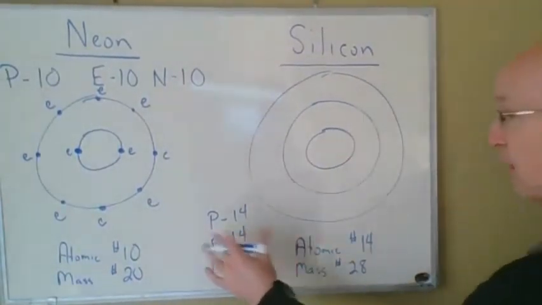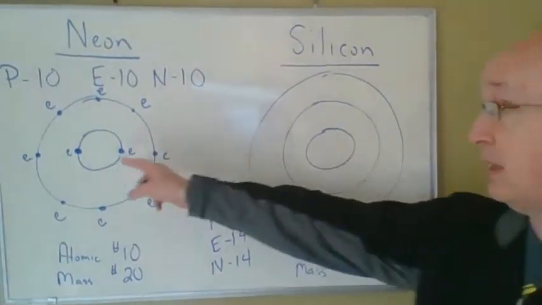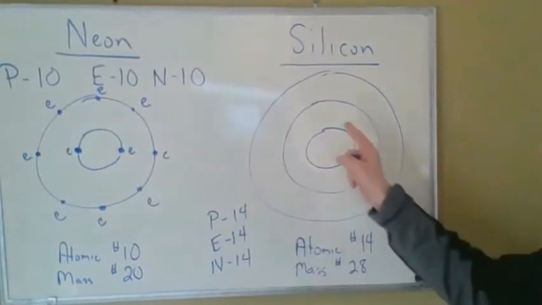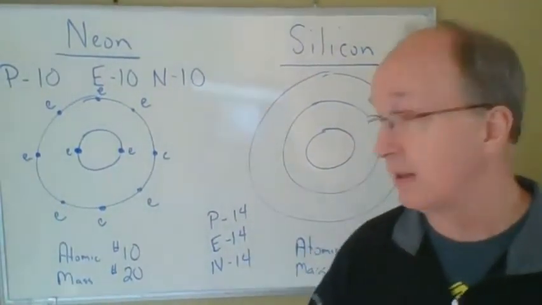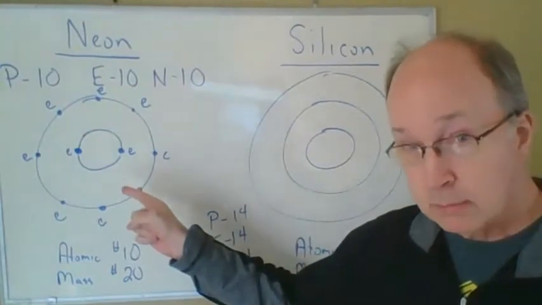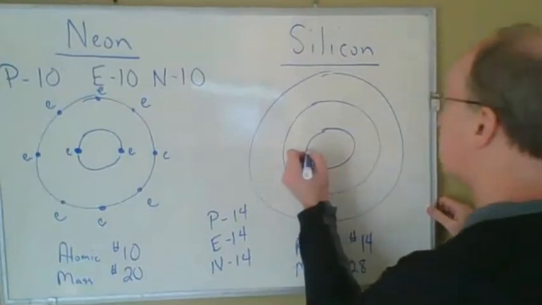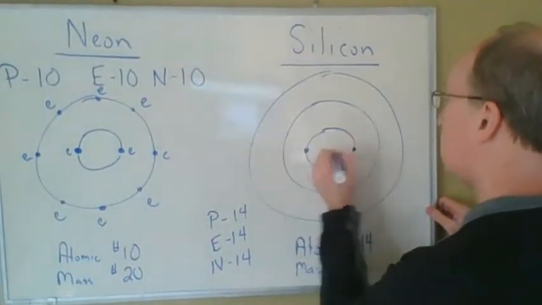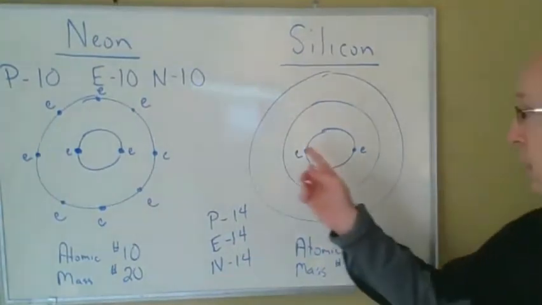All right, now we've got to draw 14 electrons. So let's start the same way we did over here with neon. The inner level, the first energy level, can hold how many electrons? If you said 2, you're right. So let's draw 2 in there. Okay, we've drawn 2.